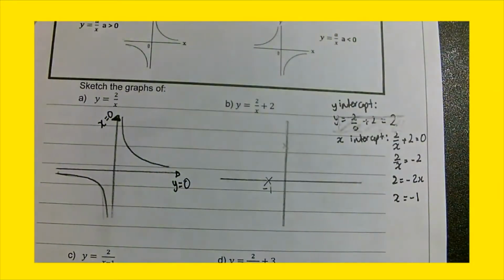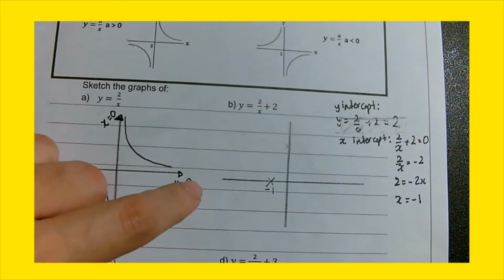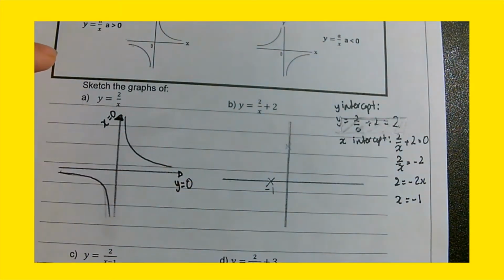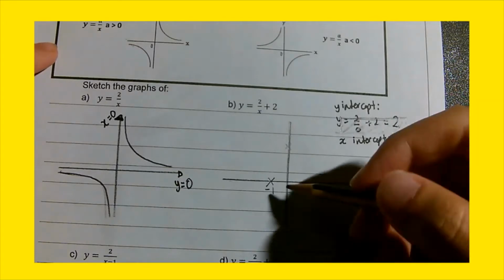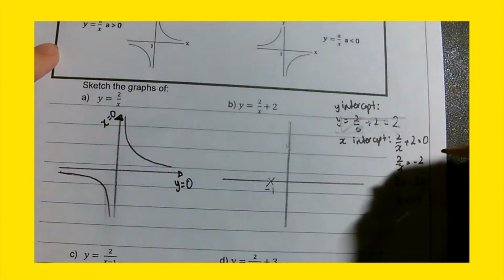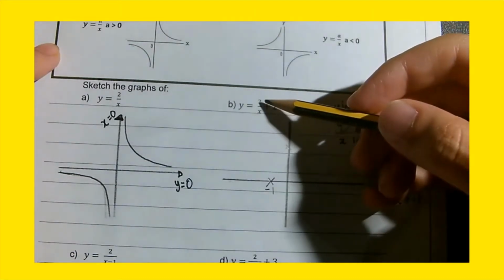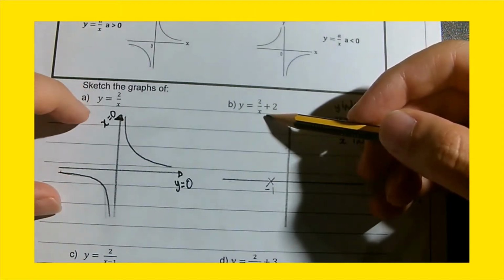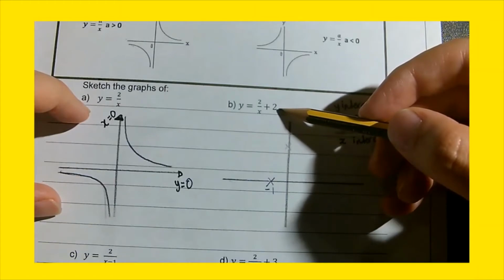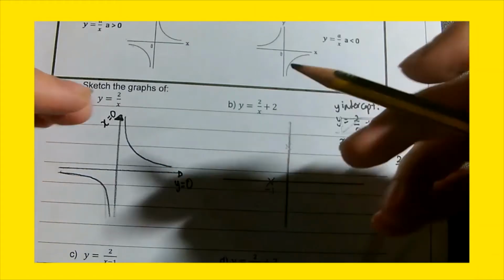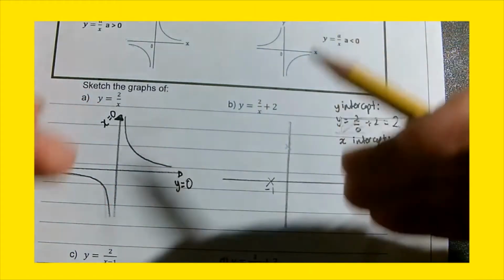So we've got the x-intercept here of -1 for 2 over x plus 2. Now in terms of what this graph will look like, if you think about 2 over x, that's what the graph looks like there. When you add 2, you're basically shifting everything up by 2, all the y values up by 2.